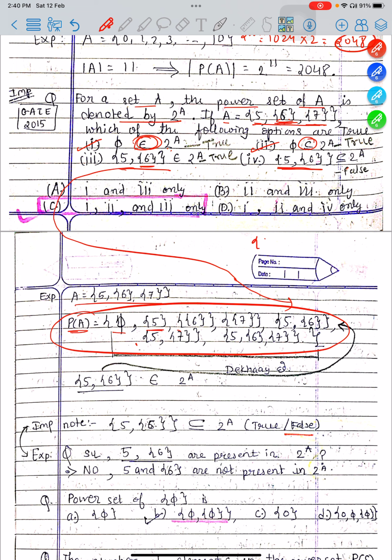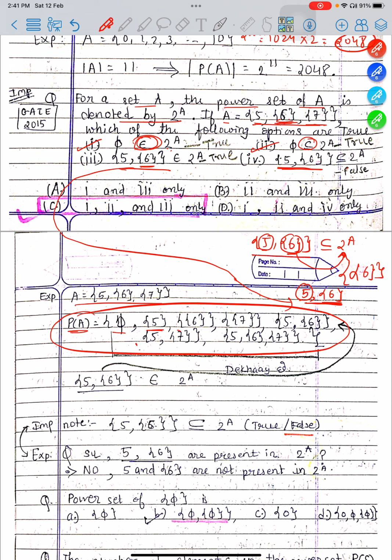When we say like this, {∅, {∅}} is a subset of 2 raised to A, we are not considering this whole set. We are considering its elements. The elements ∅ and {∅} should be present inside 2 raised to A. So ∅, I can't see it anywhere, and {∅} is also not visible.